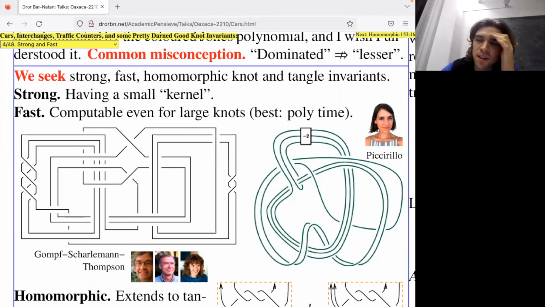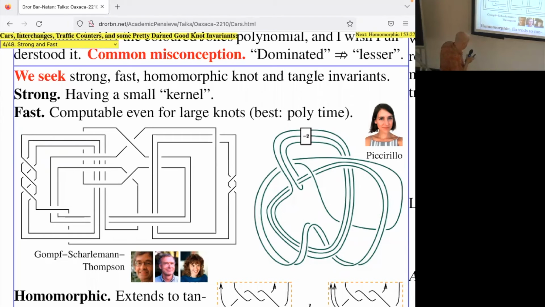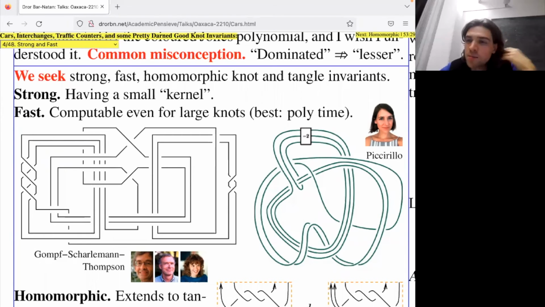So what does the invariant look like for, say, just a single crossing? I mean, it's probably more than just a single polynomial. And what happens when you then compare it with the other crossing?